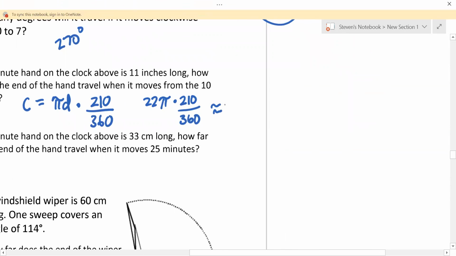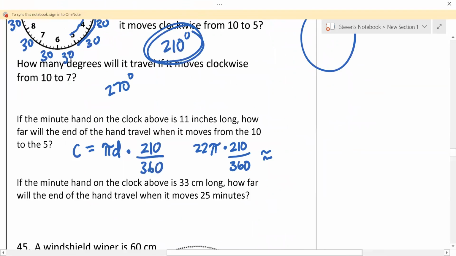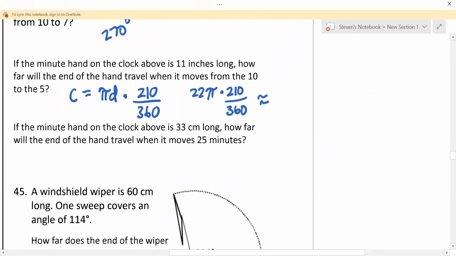Let's punch that in. 22 times pi times 210, and then divide that by 360, and we get approximately 40.3. And where are the units at? Inches, there they are. So we're going to say 40.3 inches approximately.